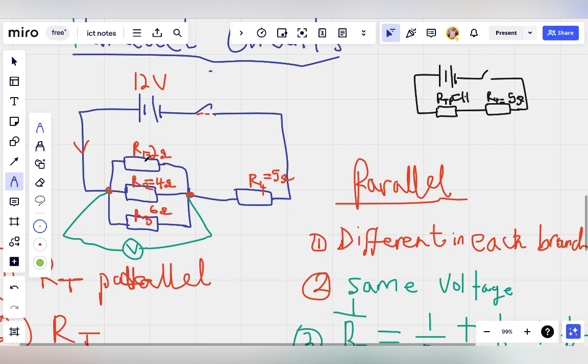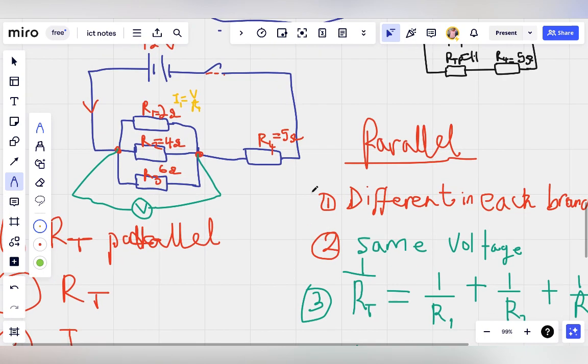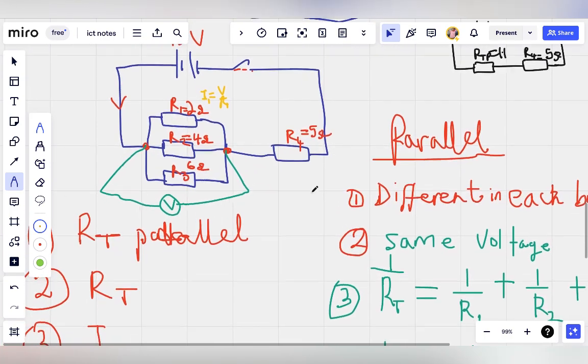To know the current here, you do I1 equals V over R1, and so on for each of them, if you want the current in each branch. Is that okay? So that's that for this one.